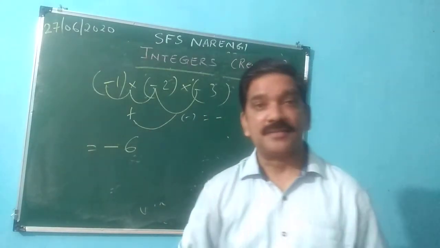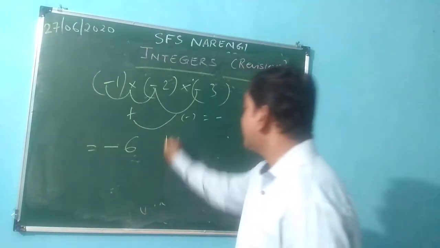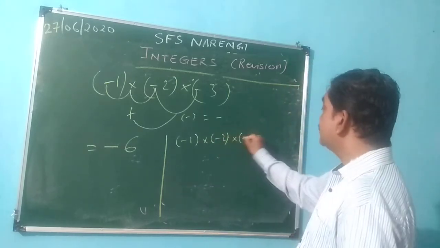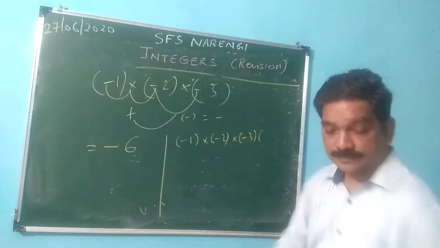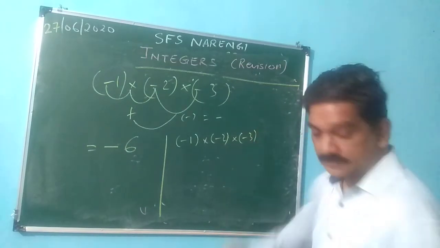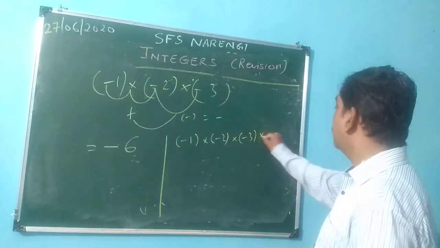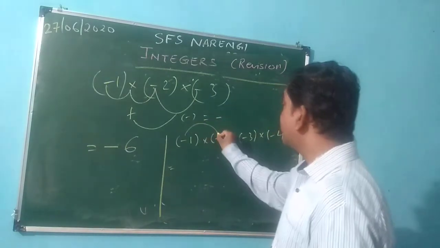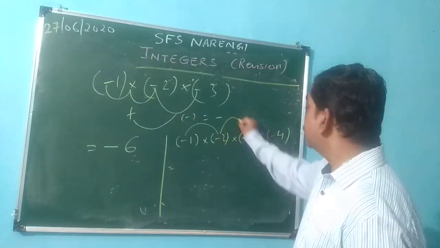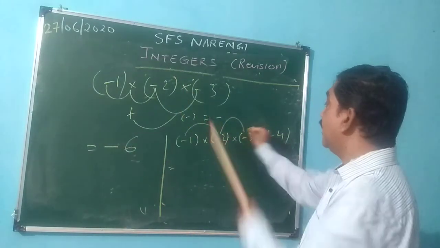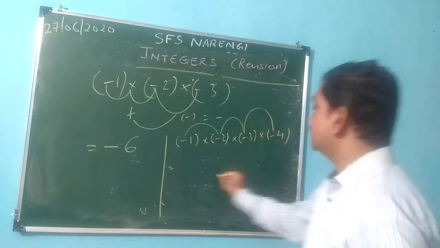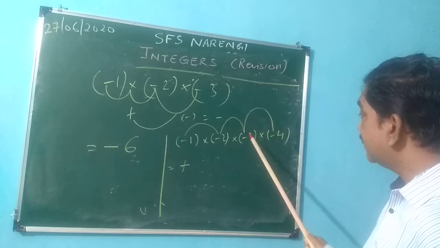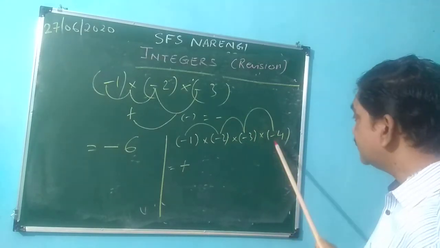Clear? But let me write another number here. Minus 1 into minus 2 into minus 3 and into minus 4. Let us see. Minus into minus is plus, plus into minus is minus, and minus into minus is plus.